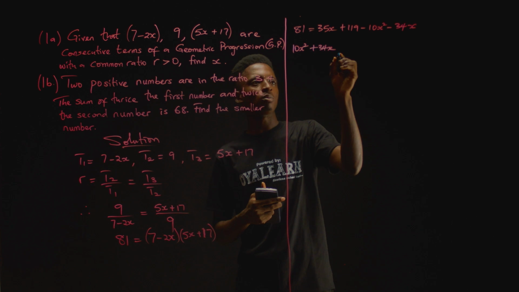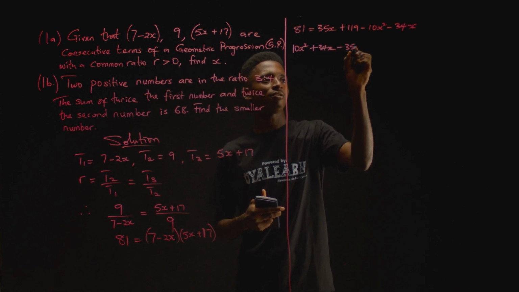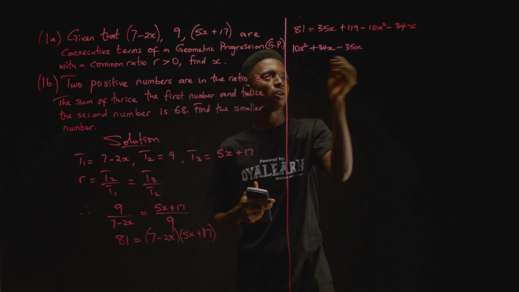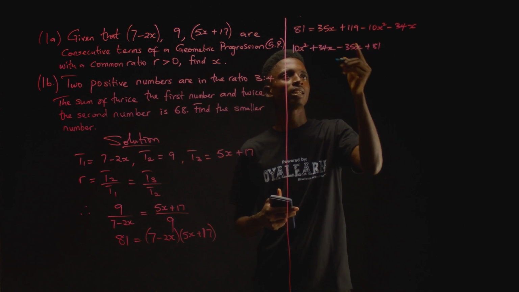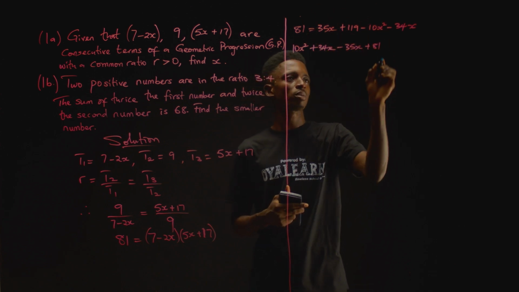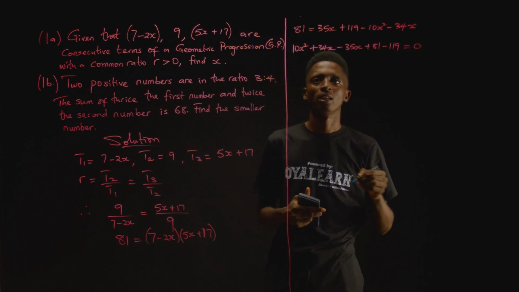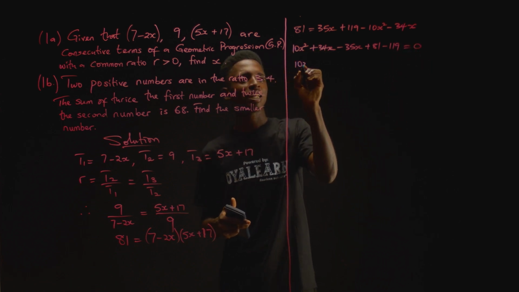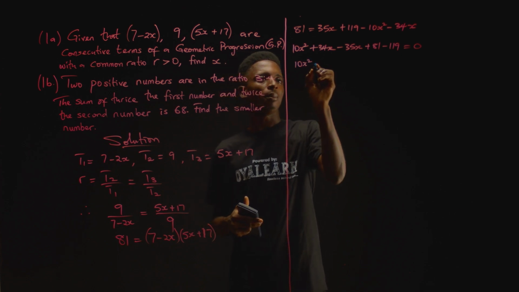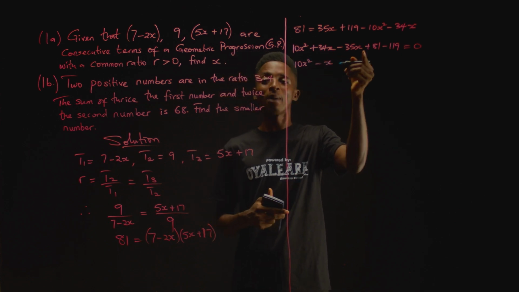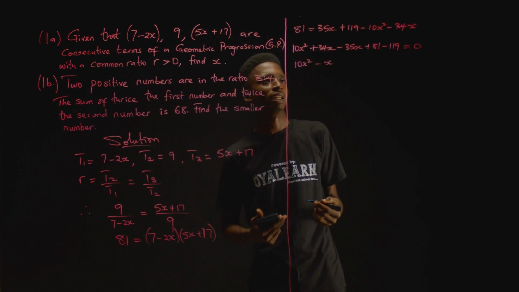Plus 35x, when it comes here, becomes minus 35x. Here we already have plus 81. And when plus 119 comes, it becomes minus 119, and all equals 0. So here we have 10x squared minus x, because 34 minus 35 is minus 1.